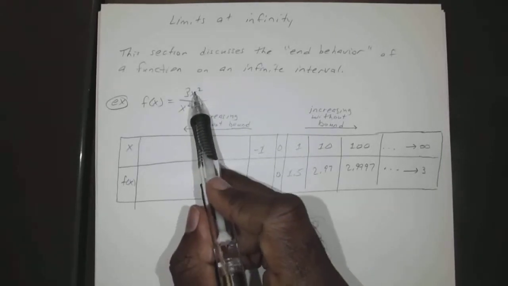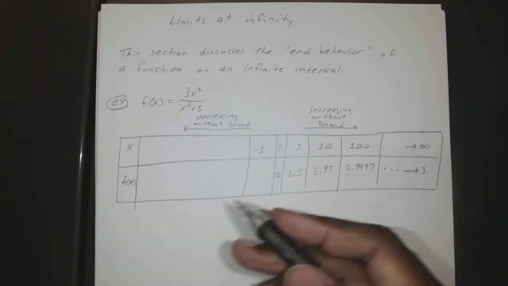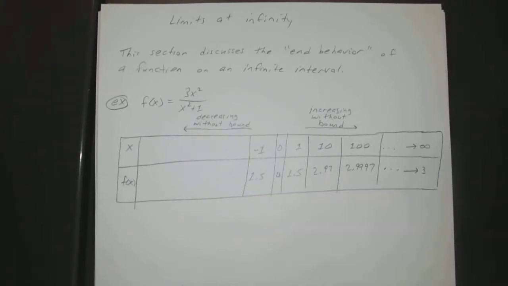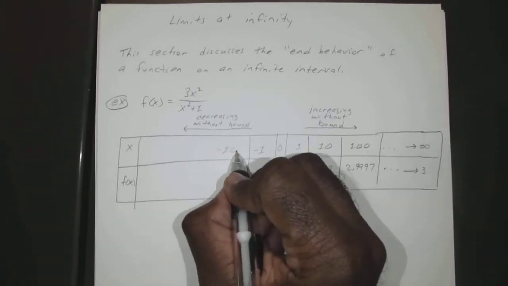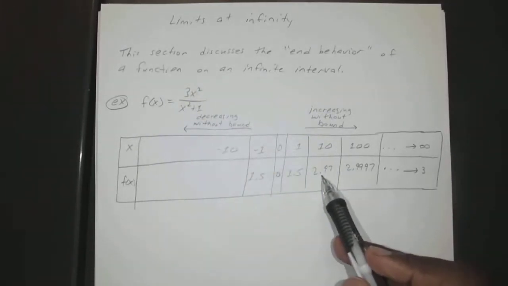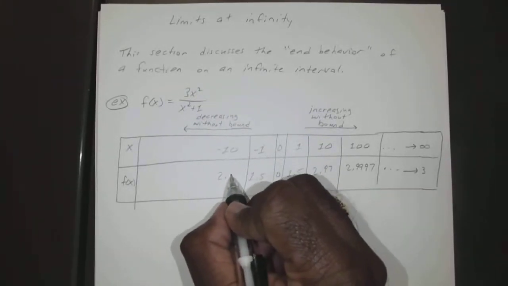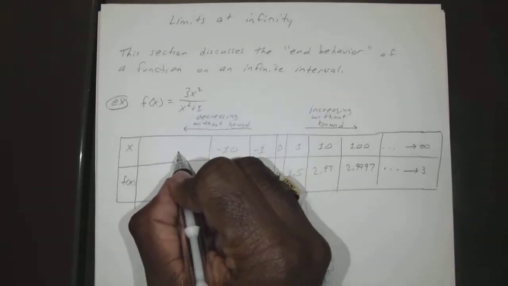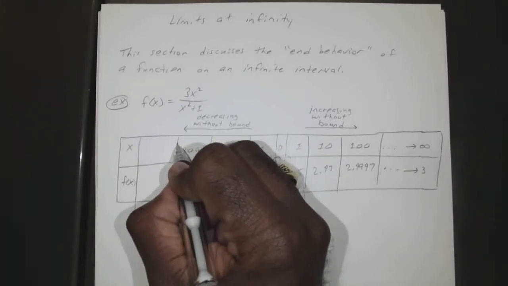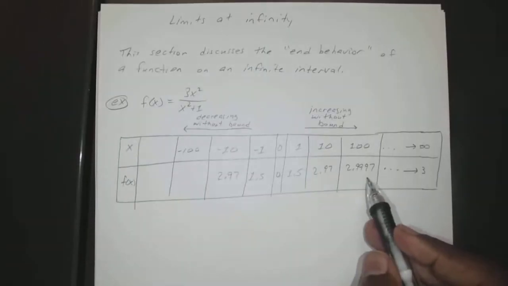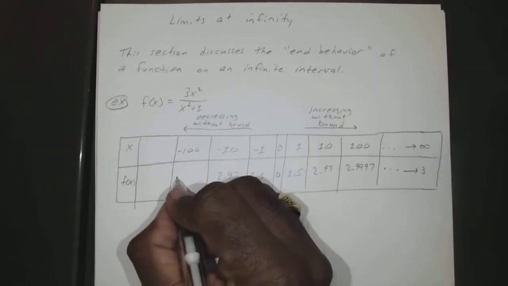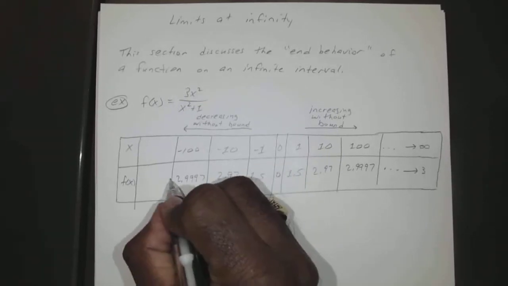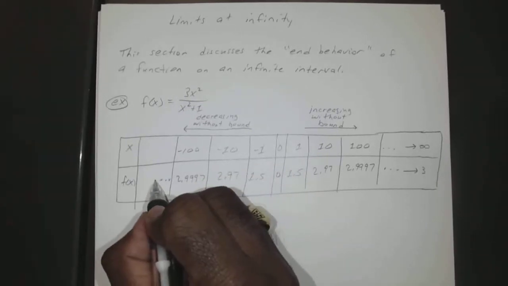If you plugged in -1, they're both squares, so it'll become positive anyway, so it still ends up being 1.5. Same thing if you plugged in -10. It ends up being squared, so you still get 2.97. Same with -100. Get squared, and you end up with 2.9997. And it keeps on going.